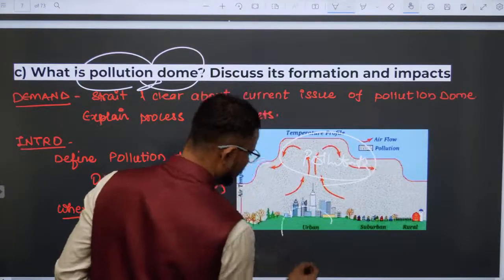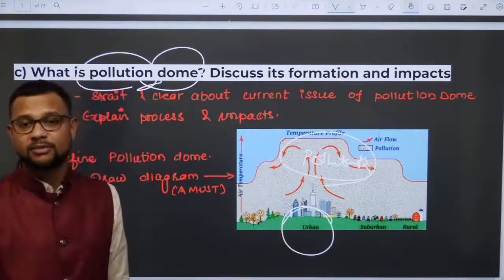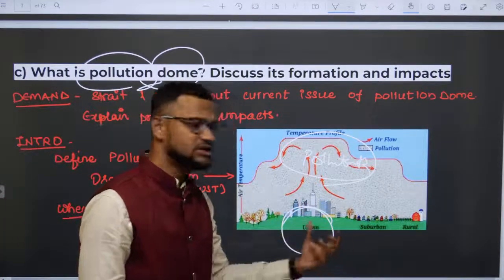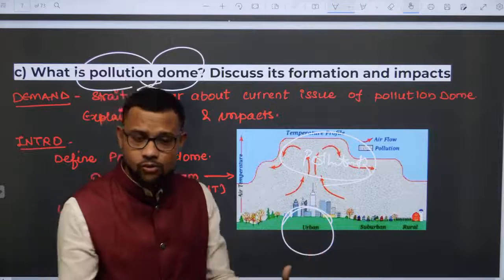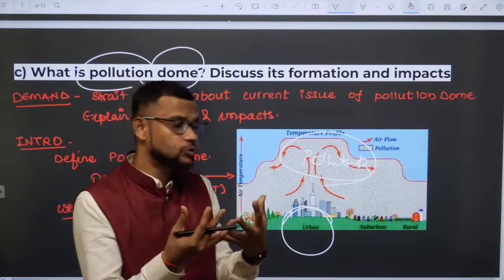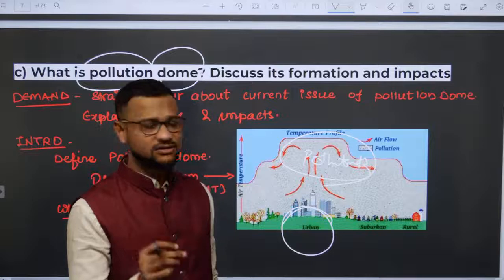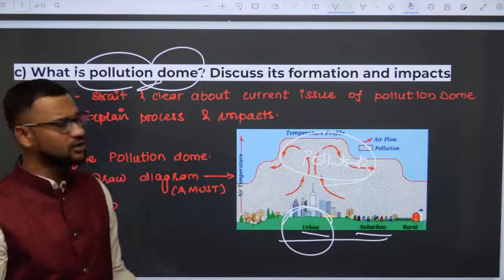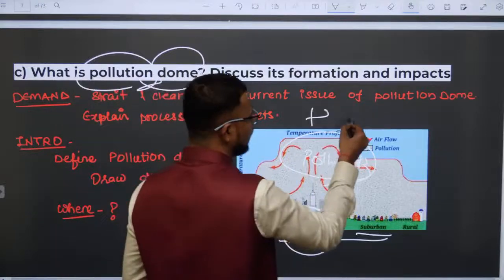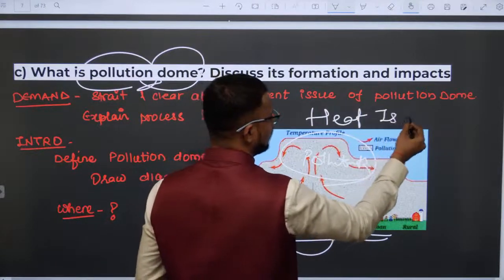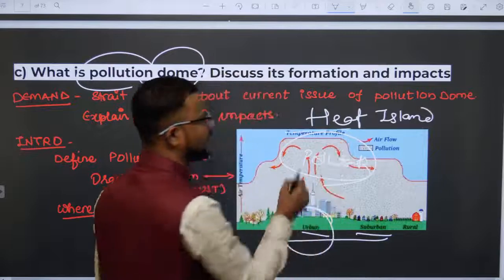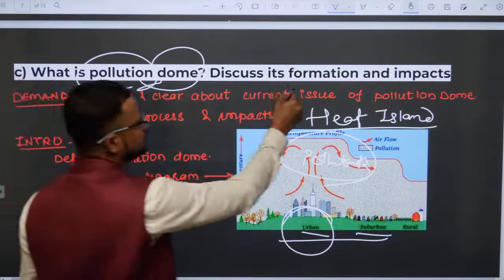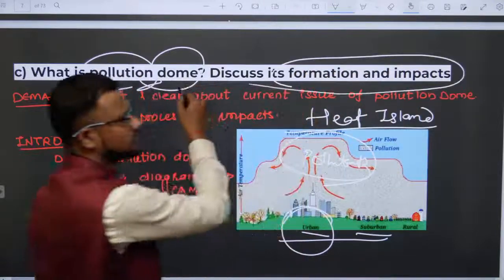And this typical phenomenon is of urban and suburban regions. क्यों? क्योंकि urban and suburban regions are more exposed to pollution activities, and that is the reason you will find high pollution. And ultimately you might have heard about the heat island effect also. So an urban region is heat island effect prone, and that's the thing you need to write about. Discuss its formation and its impact.